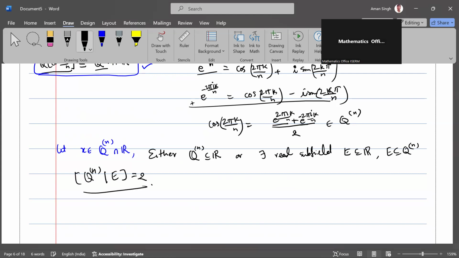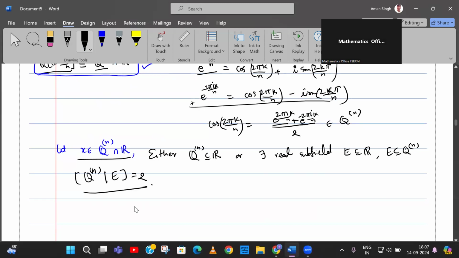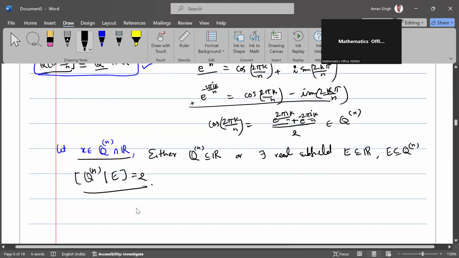That is the elements which are fixed by complex conjugation. This is the subfield that we are talking about.